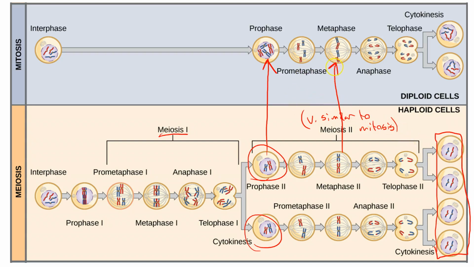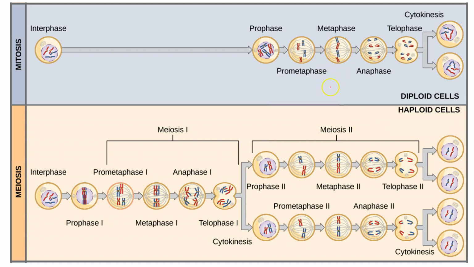Now, one of the things that I want to point out, so we talked about there being 2 features to meiosis. It makes haploid cells, but it also makes genetically non-identical cells. So when you look at these cells that are made in mitosis, you can see that if you look at the DNA, you have a whole set of dad's chromosomes, a whole set of mom's chromosomes, and those are identical to the original cell.